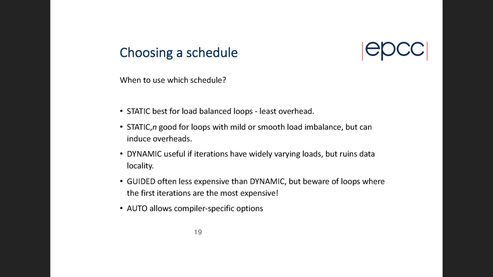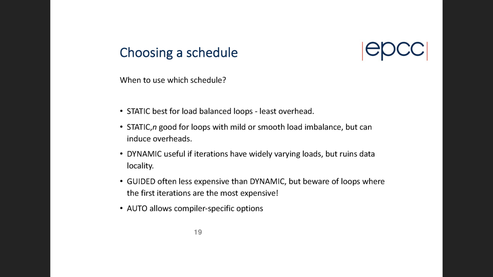That's what I mean by smooth here: the workload increases or decreases fairly smoothly as the iteration number varies. So it's good in that case, but it can itself induce some overheads.